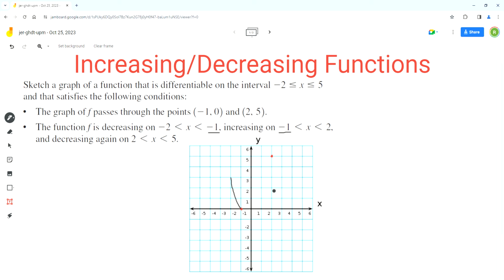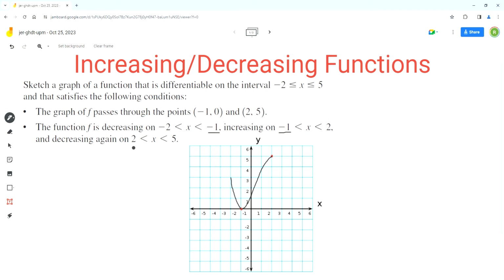Any tangent that we draw to this function between -1 and 2 should have a positive slope because this function is increasing from -1 to 2. So the graph from -1 to 2 will look something like this. Any tangent we draw to this graph from -1 to 2 will have a positive slope, or upward slope, from left to right.